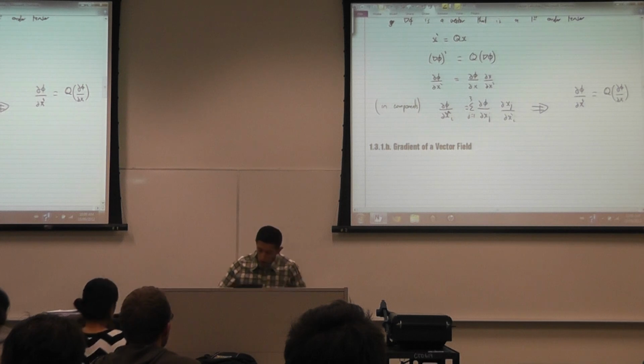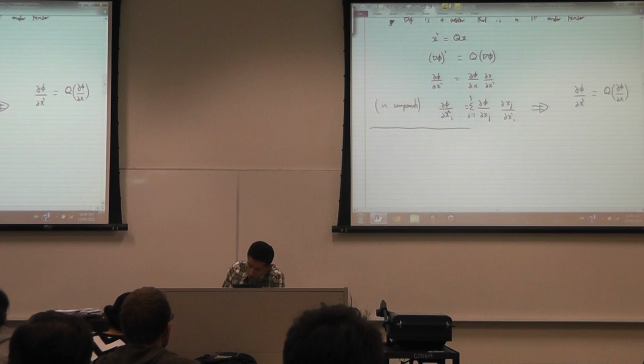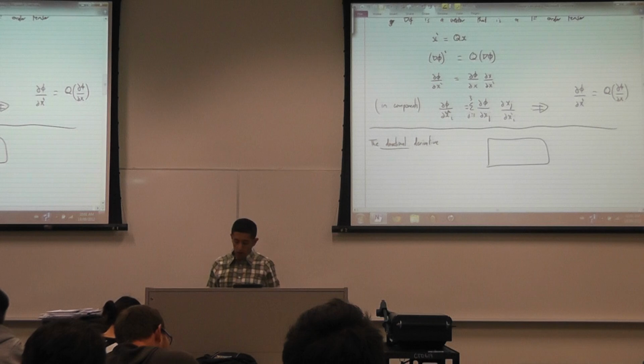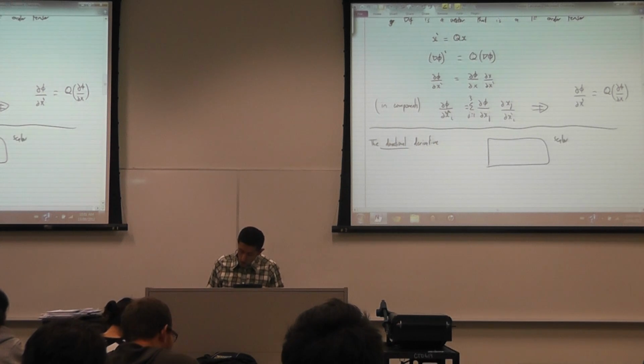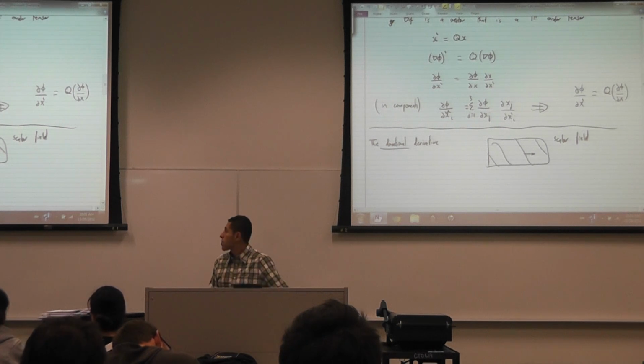The gradient. Before we jump, the directional derivative. If I have a scalar field, sometimes I'm interested in the derivative of this scalar field in this direction n.